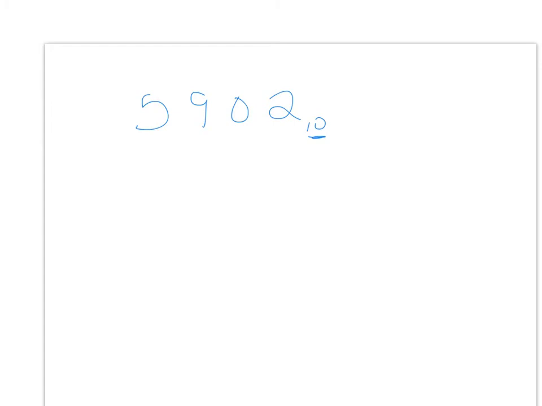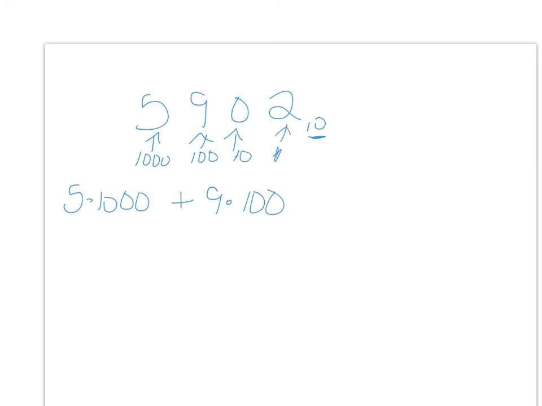Now I can expand this to be 5 times 1,000 plus 9 times 100, because this is the thousands, hundreds, tens, and ones spot. Plus 0 times 10 plus 2 times 1.